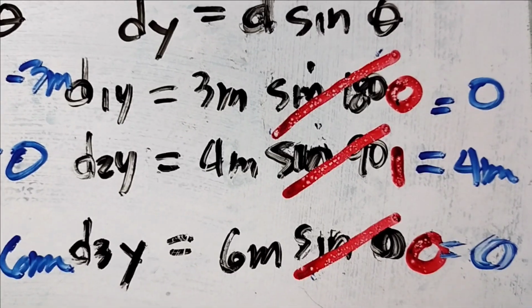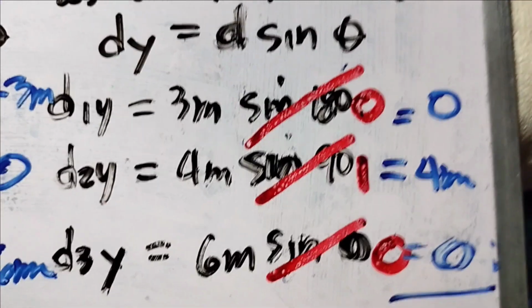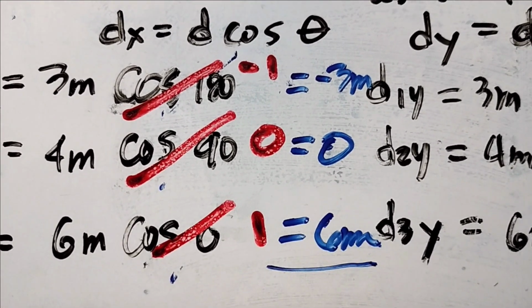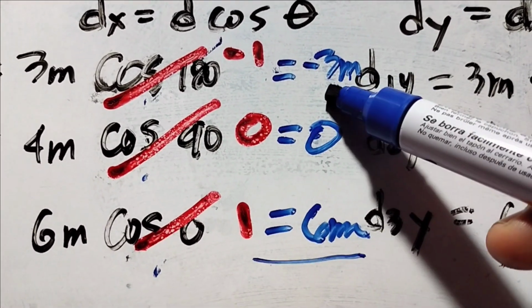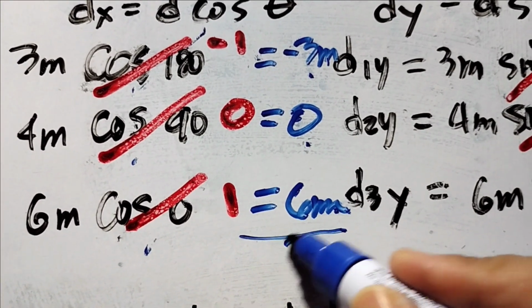The next step is to get the sum of components along y as well as the sum of components along x. If you get the sum of negative 3, 0, 6, that gives you 3.